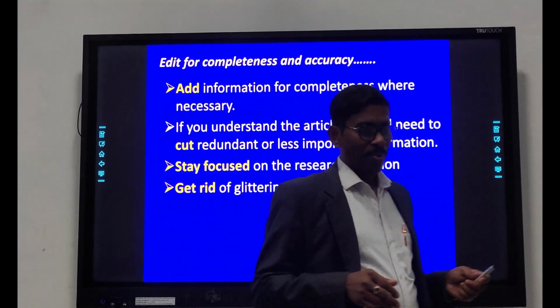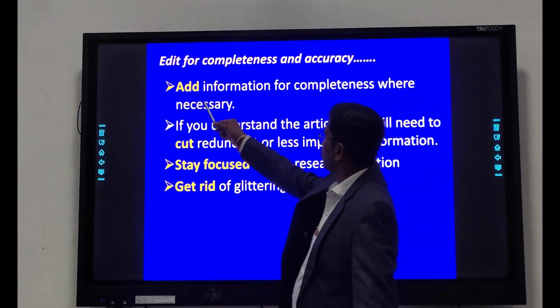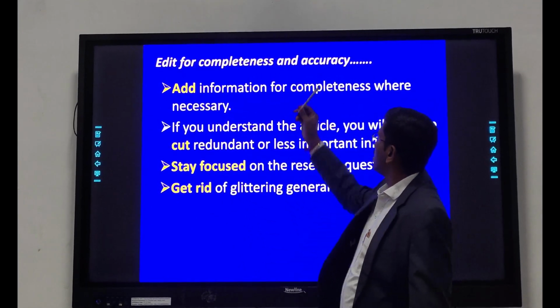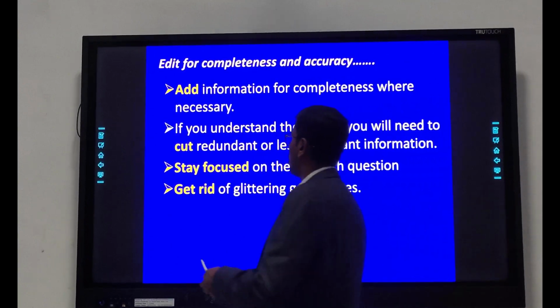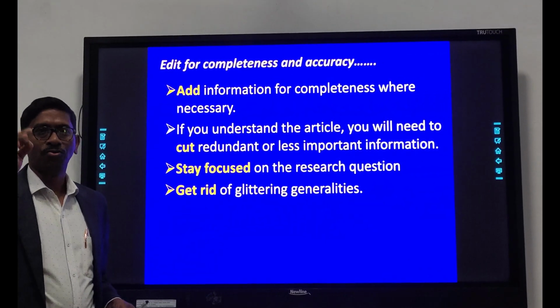Suppose you have prepared the draft copy. The next important point is that you have to edit it, because editing helps the completeness and accuracy of your summary. Here, try to add information for completeness wherever you feel necessary.